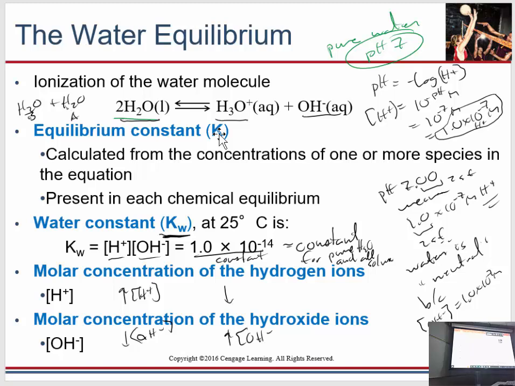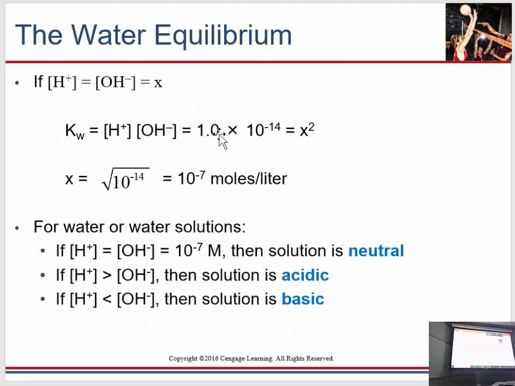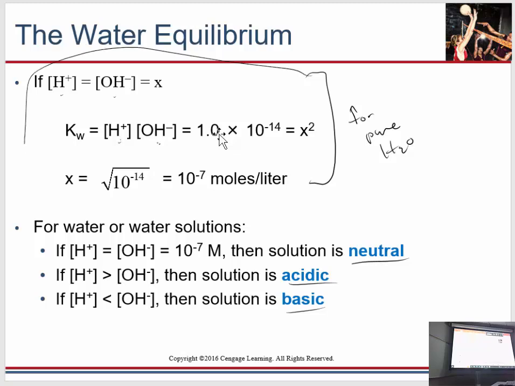If the OH minus concentration goes up in base solution, then the H plus concentration has to go down. That's the water equilibrium here. And these are the definitions of neutral, acidic, and basic solution, depending on which one dominates. This is just solving this for x, for pure water. You don't have to worry about this here.